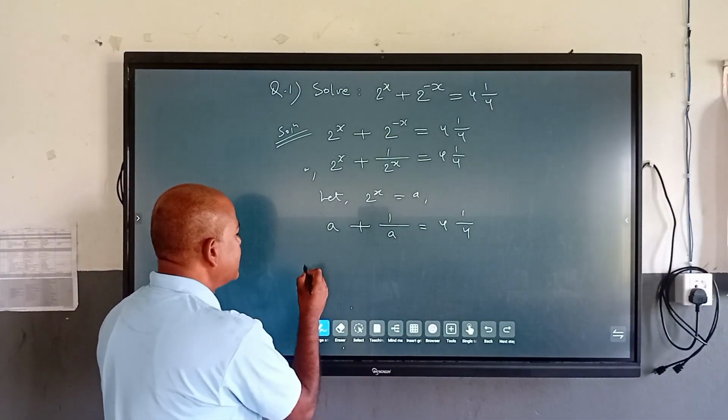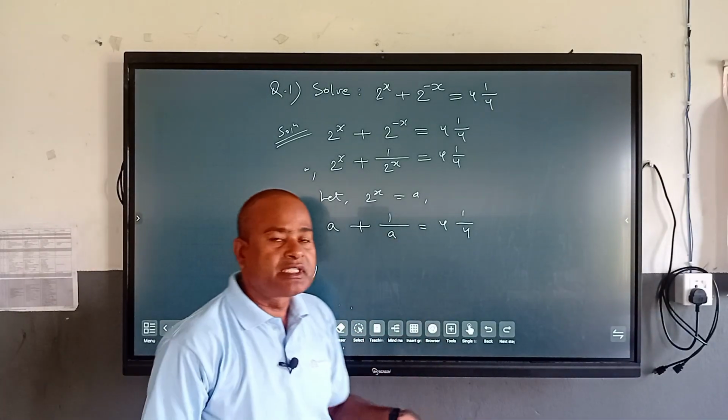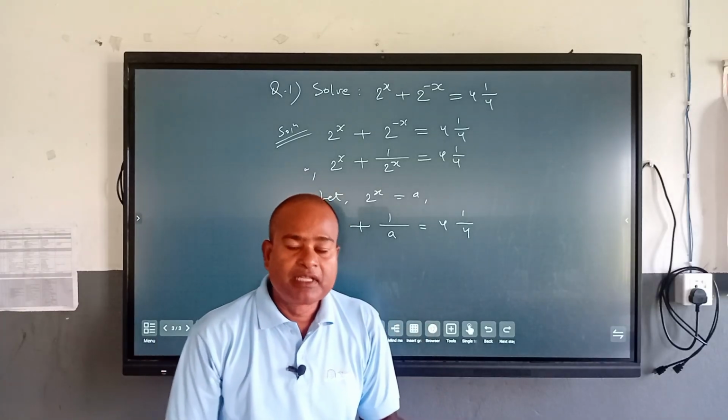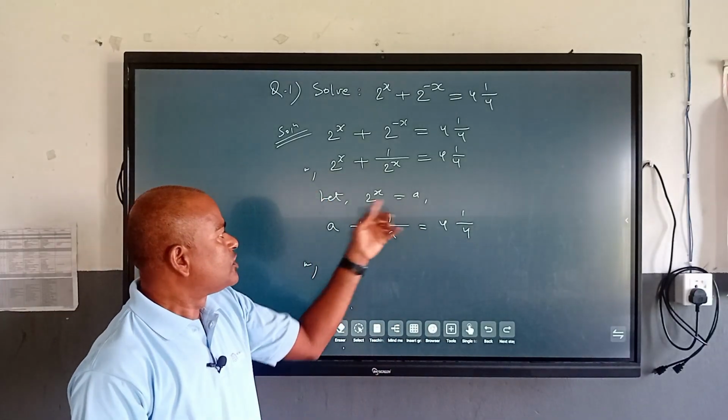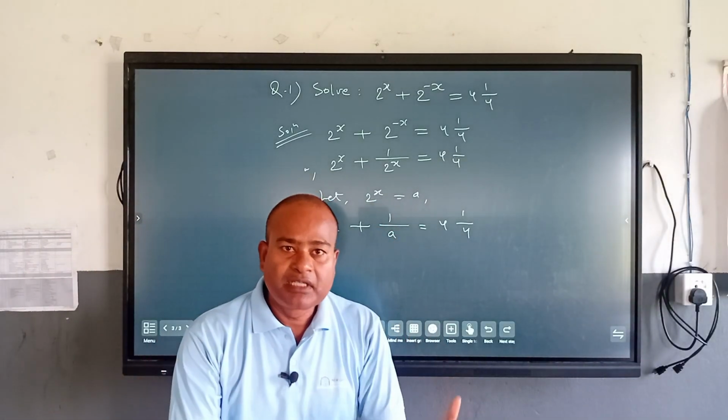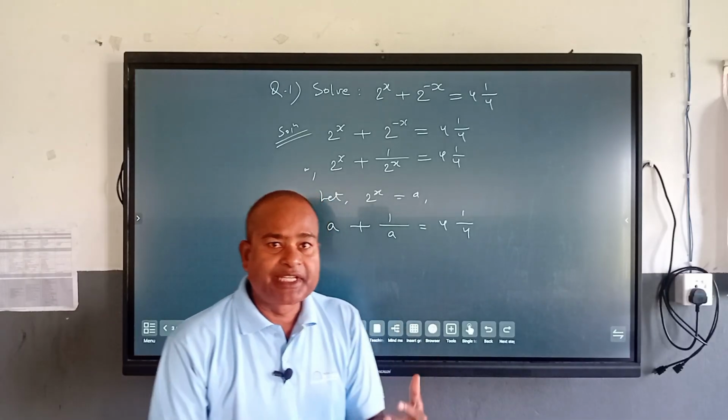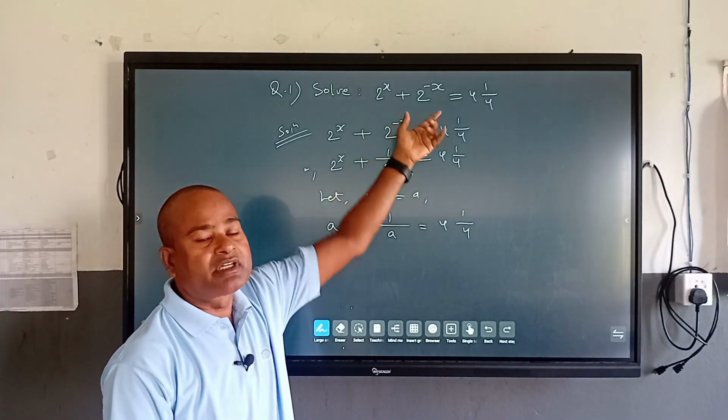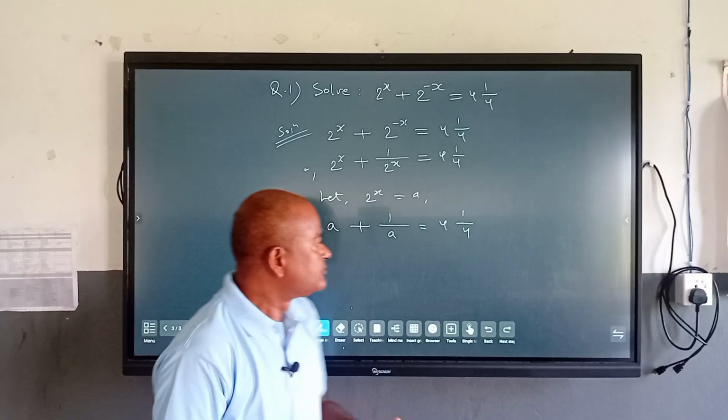Now we'll solve this equation to get the value of a. Then after replacing the value of a with 2 power x, we'll get the value of x. That means we'll get the required solution of the given exponential equation.